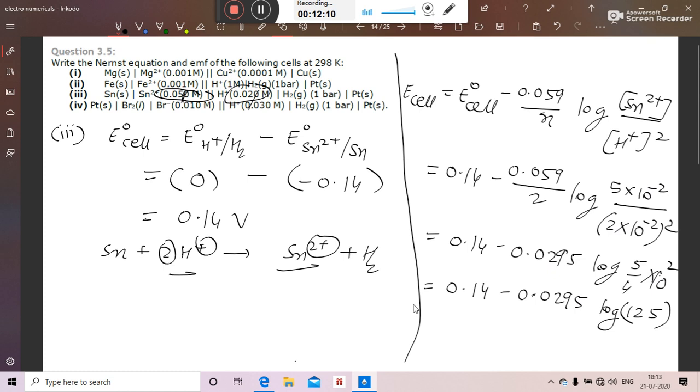So that is equal to 0.14 minus 0.0295, and log of 125 is 2.0969.